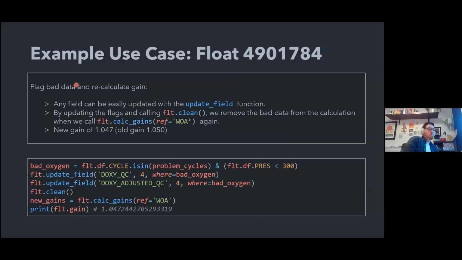If I want to remove them, there's a function called update field. I'm still working on this float object that we've had from the beginning. After I update my oxygen QC to be 4, if I call float.clean again, it's going to get rid of those data and I can redo what I did in the first place. If I throw those out, it does move our mean gain a little bit.